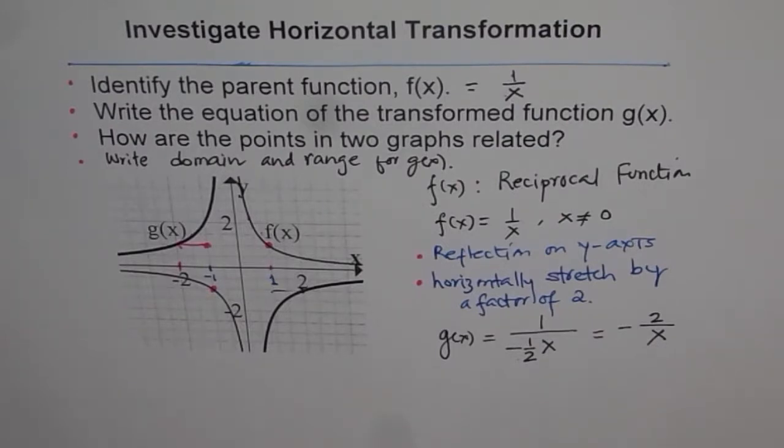Now, as far as the domain and range is concerned, it remains the same as it was with your parent function, since there is no translation involved in it. So that is kind of important to note. I hope that helps you to understand how to write equation from the given graph, in this case when we have a reciprocal function. Thank you.